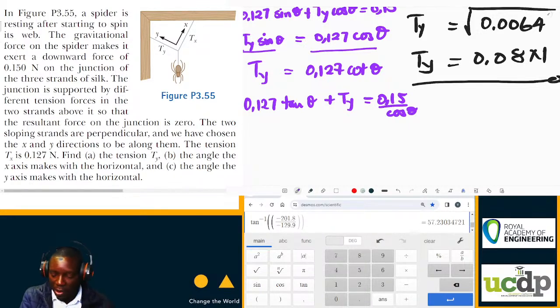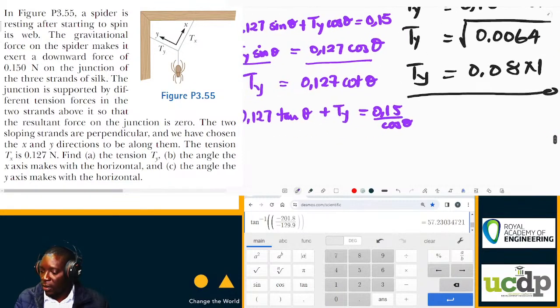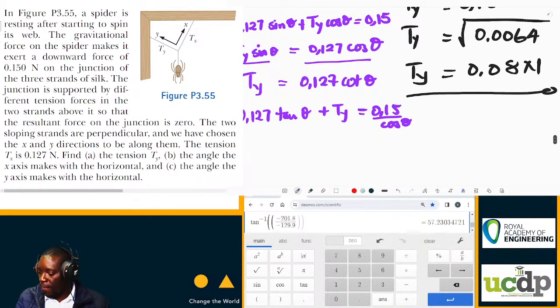So 0.127 times tan 57.8. Is it 57.8? Yes. Subtracted from 0.15 over cos theta.